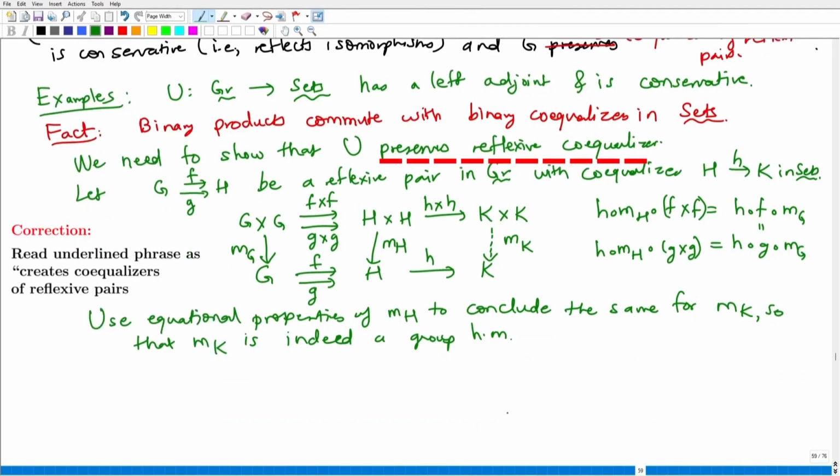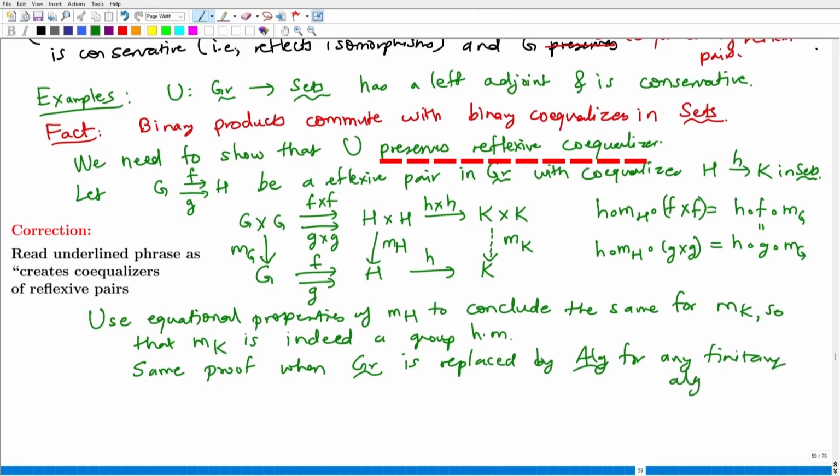And the same proof will work when I replace groups by any algebraic category, any finitary algebraic category. Yes, same proof for when GR is replaced by Alg for any finitary algebraic category.